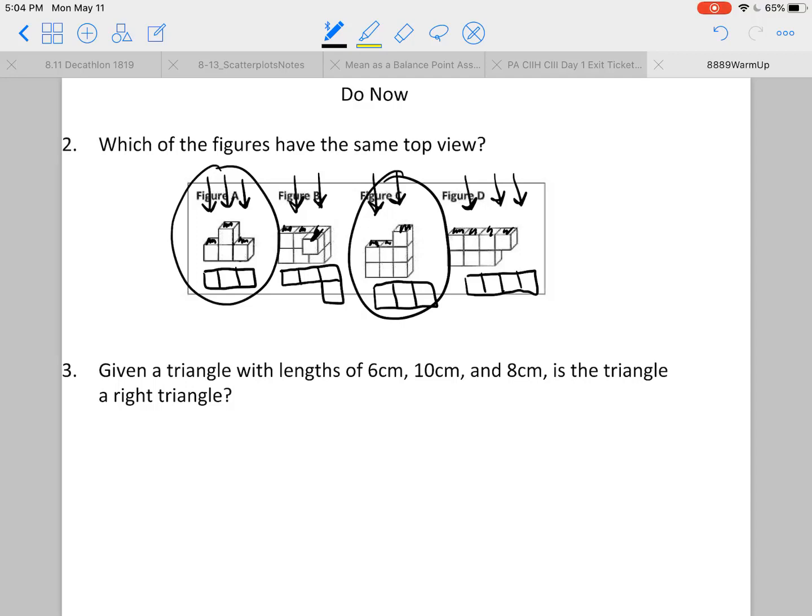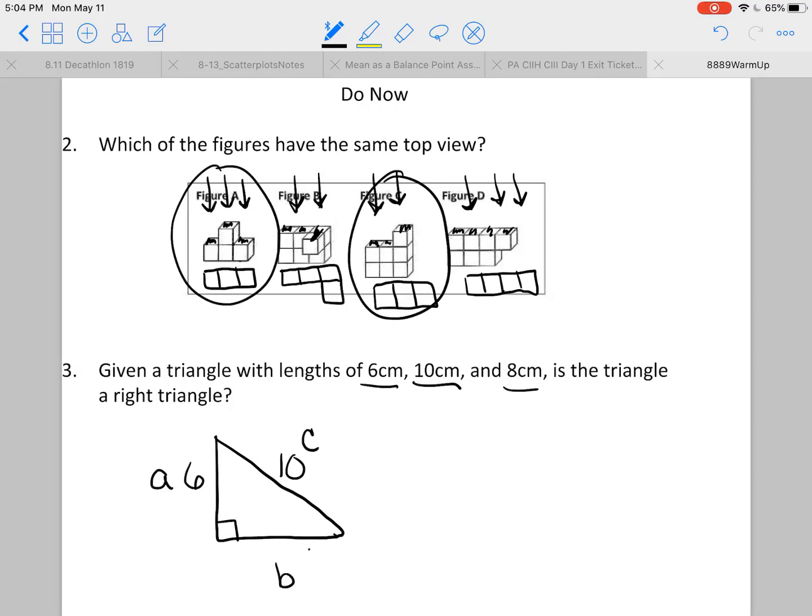Number 3, given a triangle with lengths of 6 centimeters, 10 centimeters, and 8 centimeters, is the triangle a right triangle? So of course, a right triangle is any triangle that contains a right angle, and it has our 2 legs, A and B, and our hypotenuse, C. The hypotenuse is always the longest side of the right triangle, so we're going to use the 10 for C. And for our 2 legs, A and B, it really doesn't matter which is which.